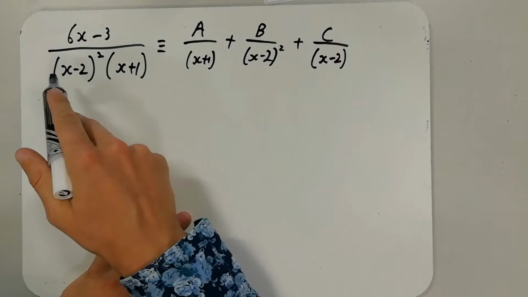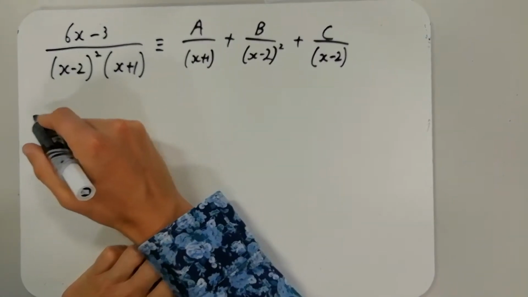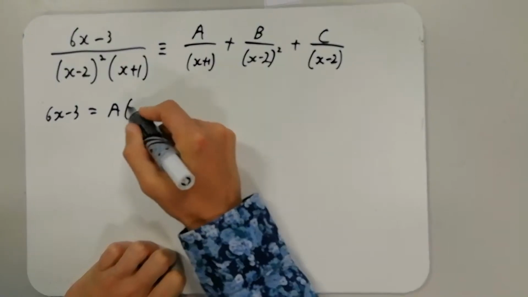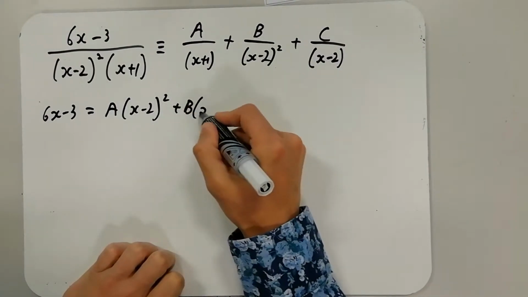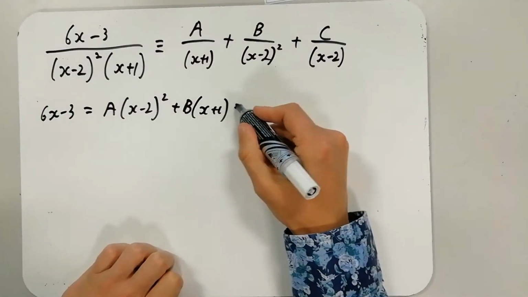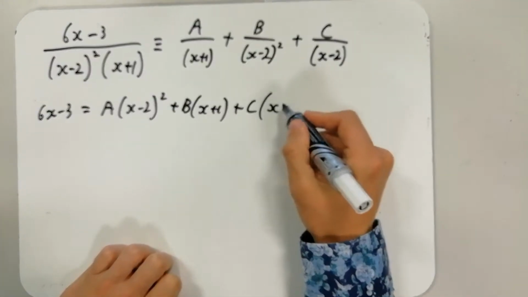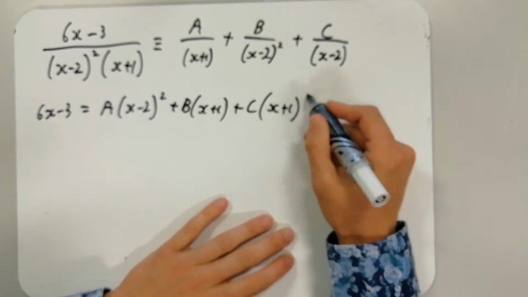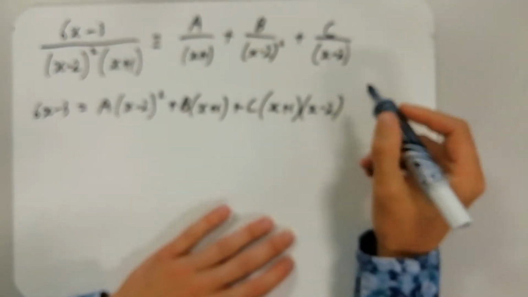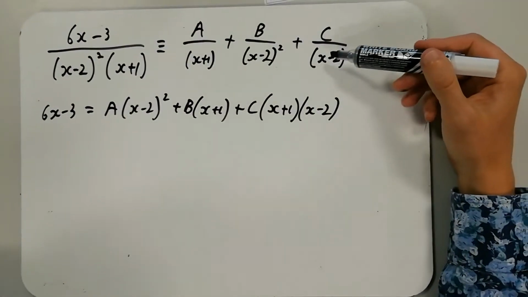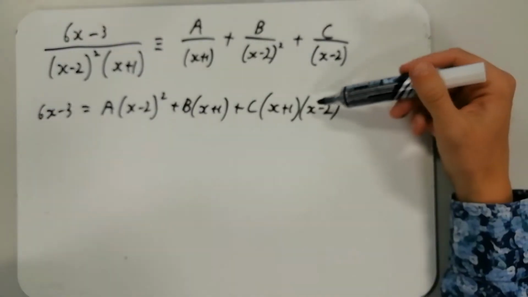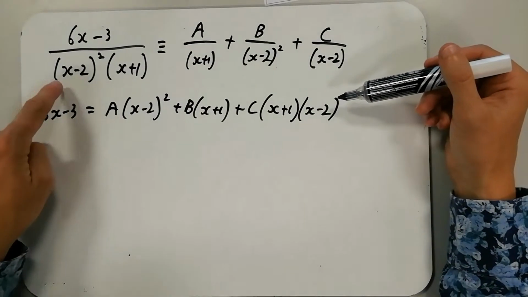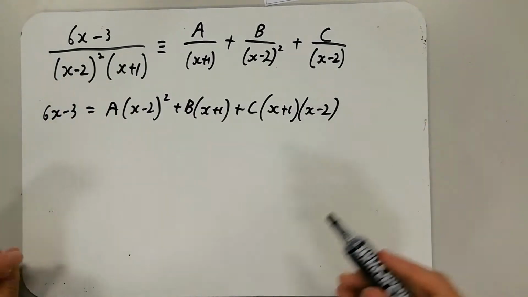Same process as before, we multiply through by the denominator. Remembering this has only got one factor of x minus 2 on the denominator, so it will have a factor of x minus 2 still there, because I've multiplied through by x minus 2 squared.